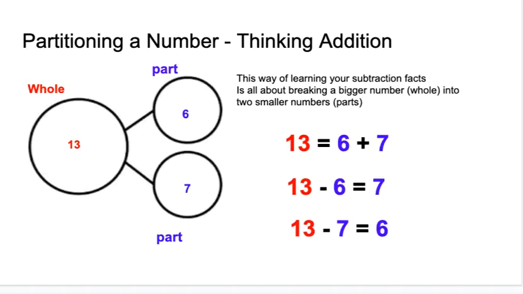To make the connection between addition and subtraction, it's helpful to be able to take a number and break it apart. For example, we're going to consider the number 13.